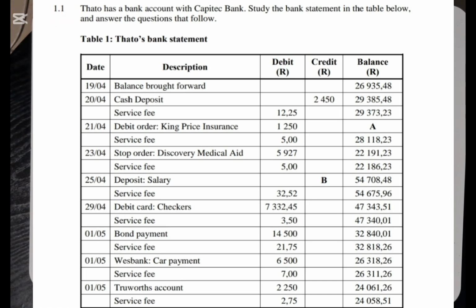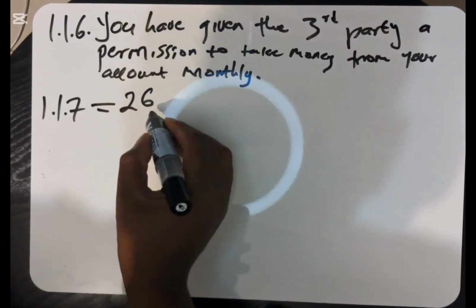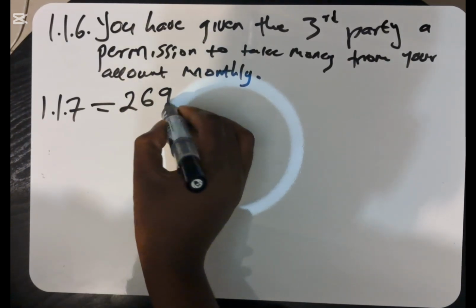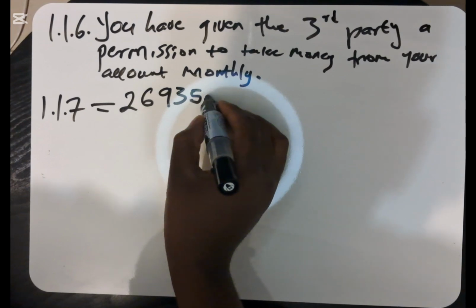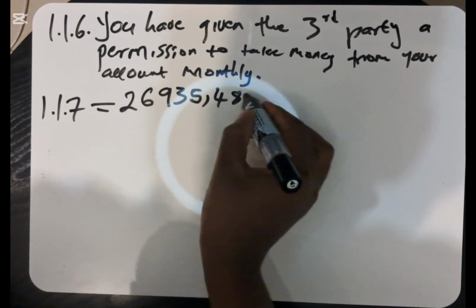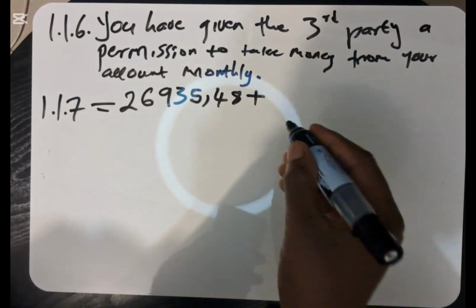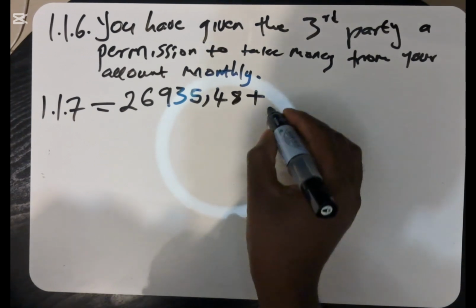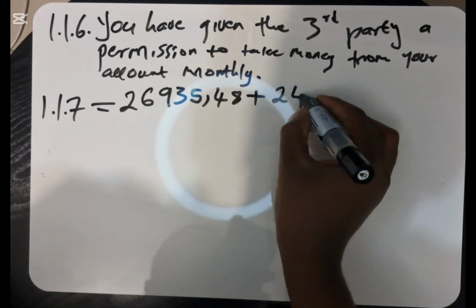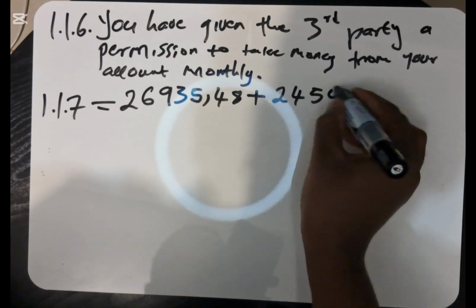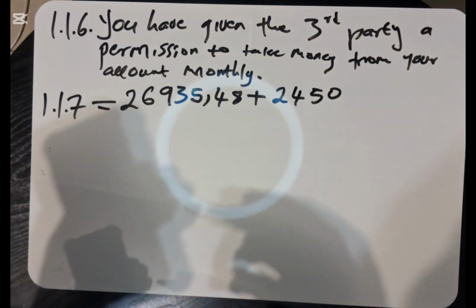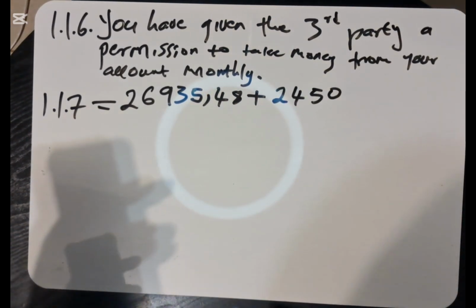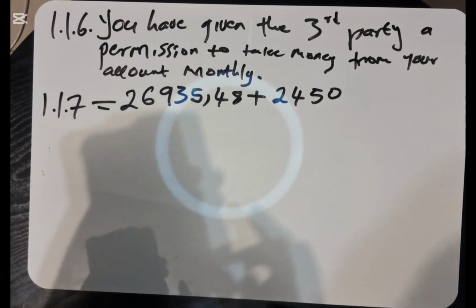We are going to say the previous balance, 26,935 and 48 cents, plus the current credit, which is 2,450. Why do we add? We add because credit is money coming into the account.